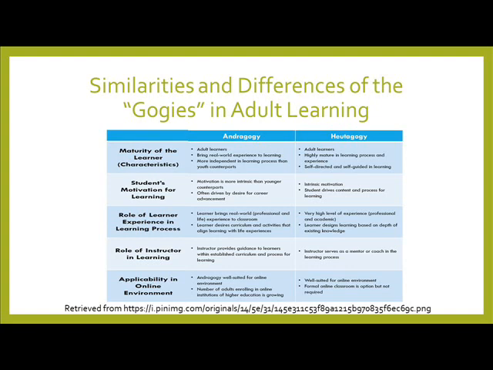And in heutagogy, learning is based on professional and academic goals as the instructor mentors or coaches in the learning process. Learners and instructors work together to provide a learning environment that is learner-focused. Both andragogy and heutagogy are suited for online learning.